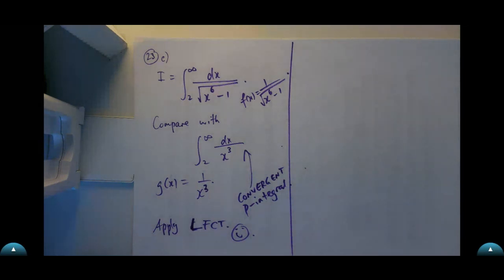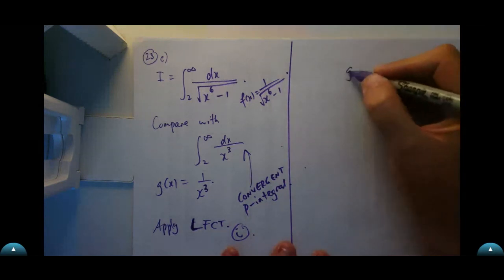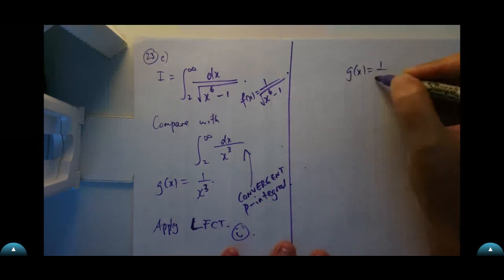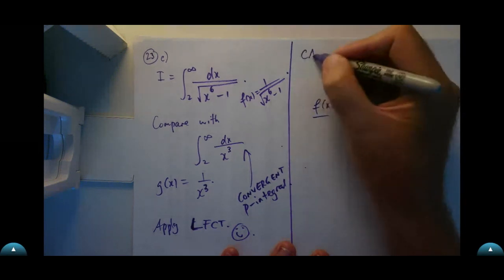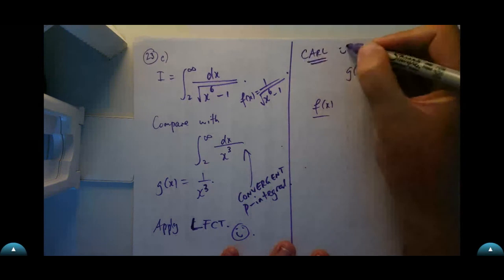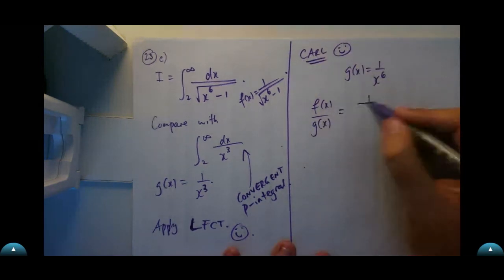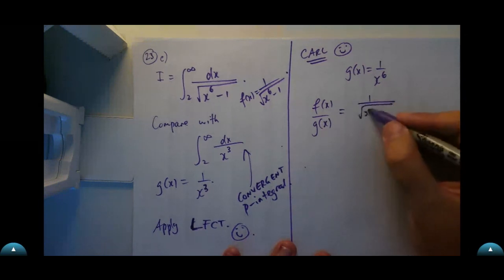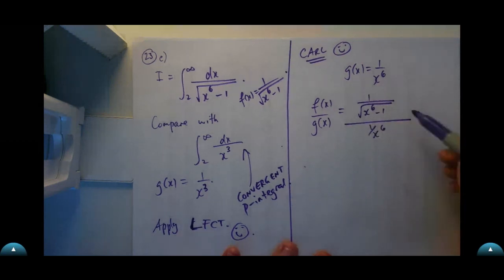Yes, you might be able to do that, Carl. 1 on x to the power 6. So let's have a look. Let's look at Carl's solution. Okay, so let's just think about this. So f of x over, so this is Carl. Professor Carl, I like it. Okay, let's see what happens.